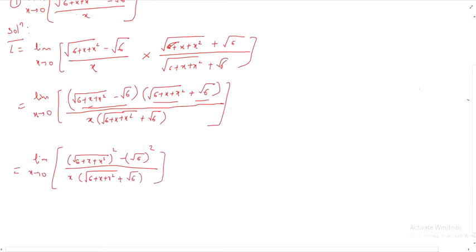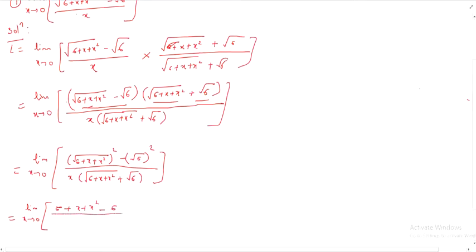Like this one. So it is equal to limit x tends to 0, inside the bracket. If we look at this term, square cancels square root by using the laws of indices, and we get only 6 plus x square minus 6 here.